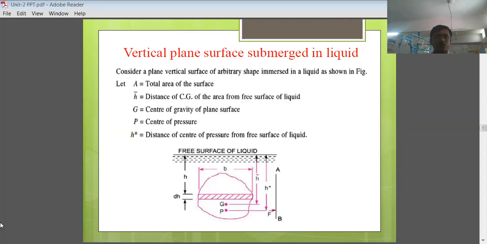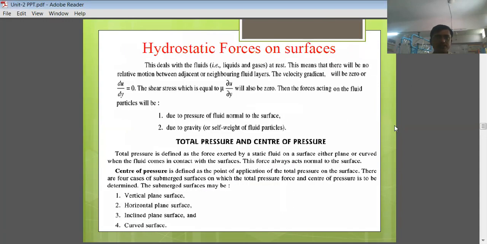So before moving ahead, please note down this title in your notebook. Write down the title: Hydrostatic forces on the surface.